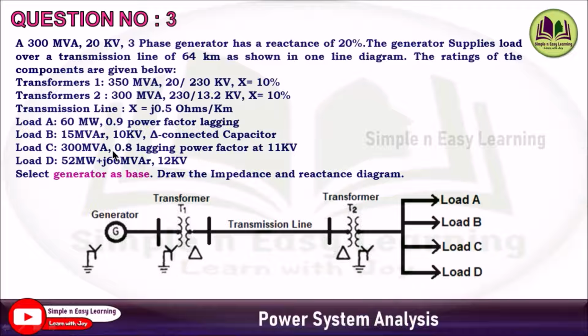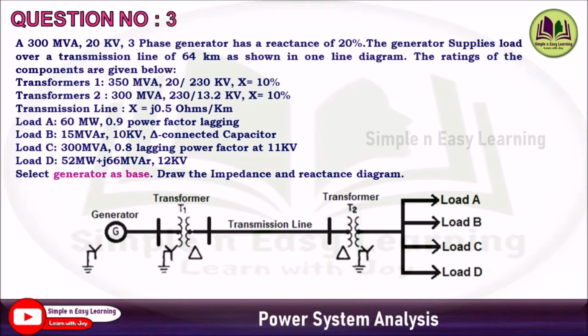Load C, 300 MVA, 0.8 lagging power factor at 11 kV. Load D, 52 megawatt plus j 66 MVAR, 12 kV. These are the different types of load specified in the problem. If you study this question, you will be able to solve any type of problem in which the load is specified. This is the third priority.